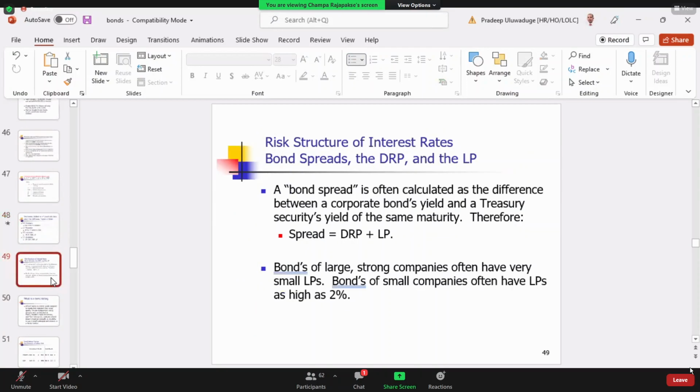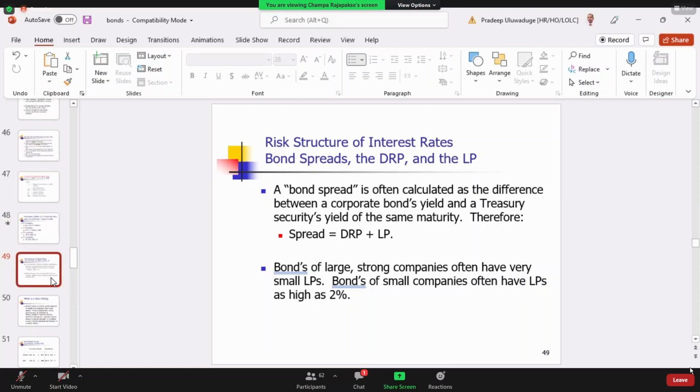So let's see the risk structure of interest rates: bond spreads, default risk premium, and the liquidity premium. Let's look at what is called a bond spread.